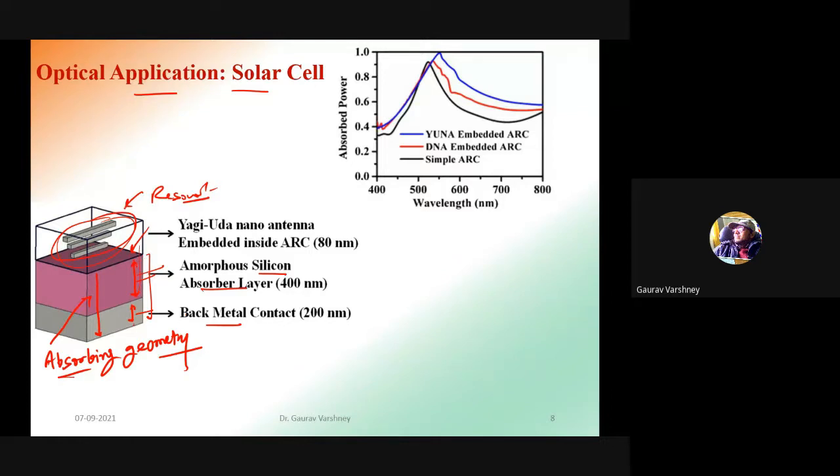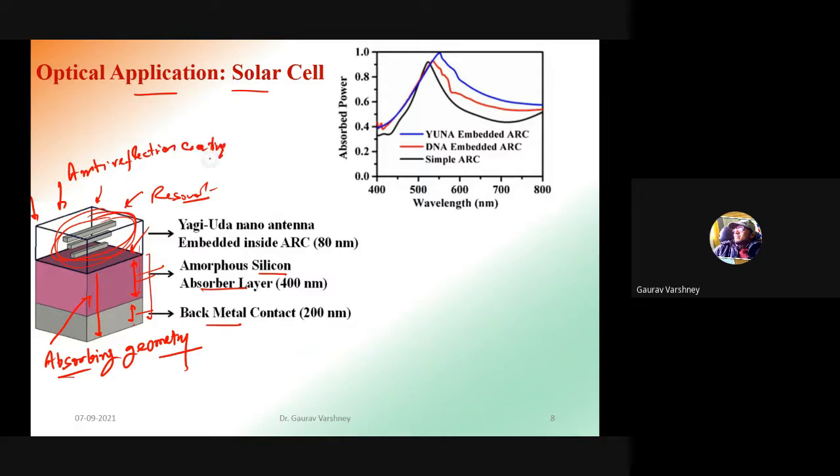We can intensify this incident spectrum if we place some resonating unit at the top of the silicon. In the basic unit of a solar cell, at the top surface, we provide some anti-reflection coating.